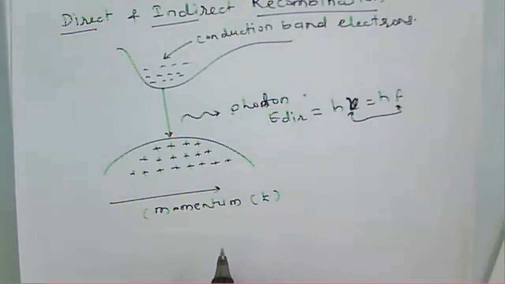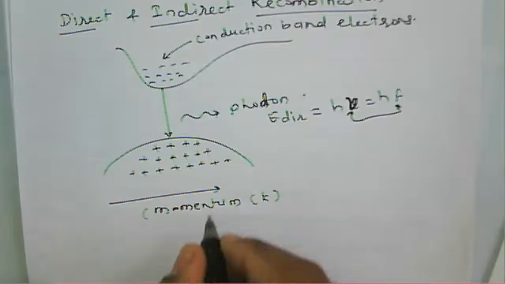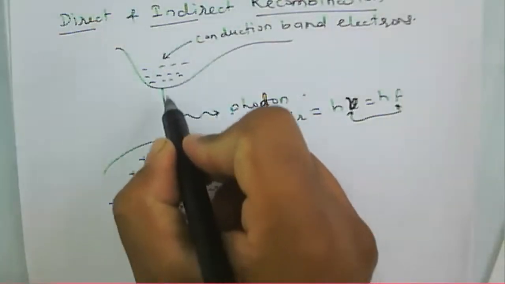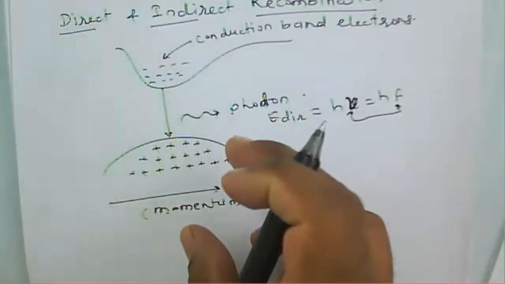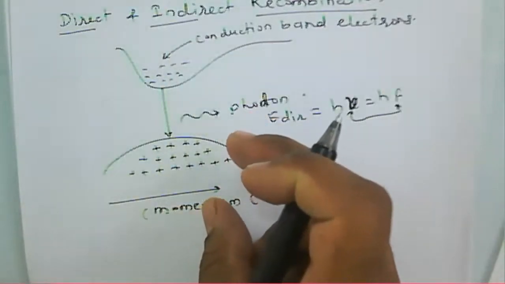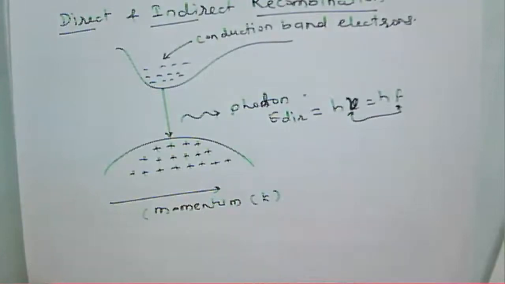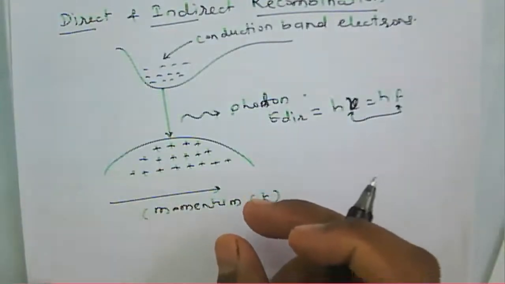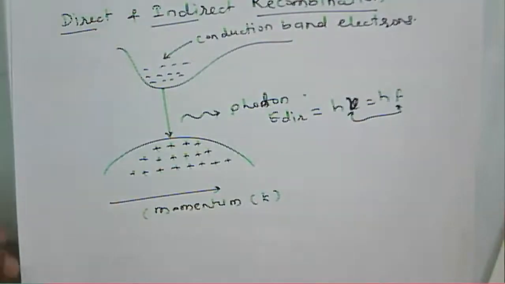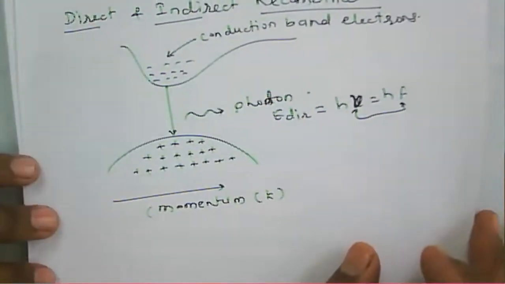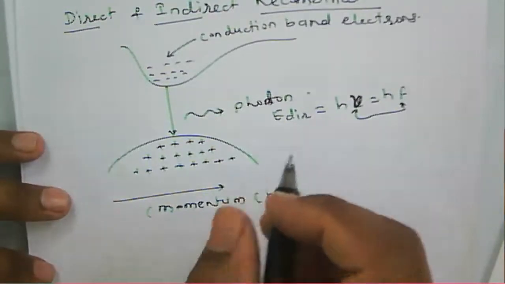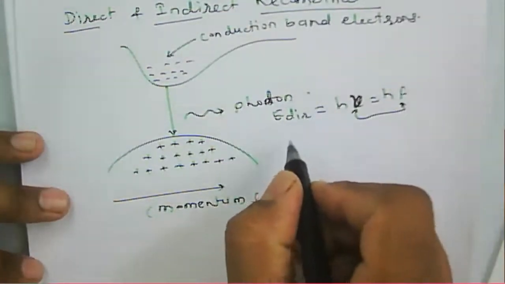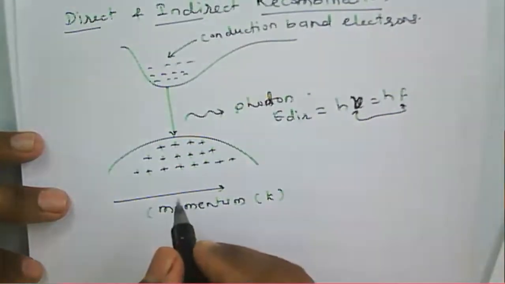Now we have mentioned earlier, for the pn junction, we have the electrons and holes, and at that particular junction, or at the depletion region, recombination of electrons and holes takes place, and because of that recombination a photon is emitted, and that photon is of energy hv or hf.